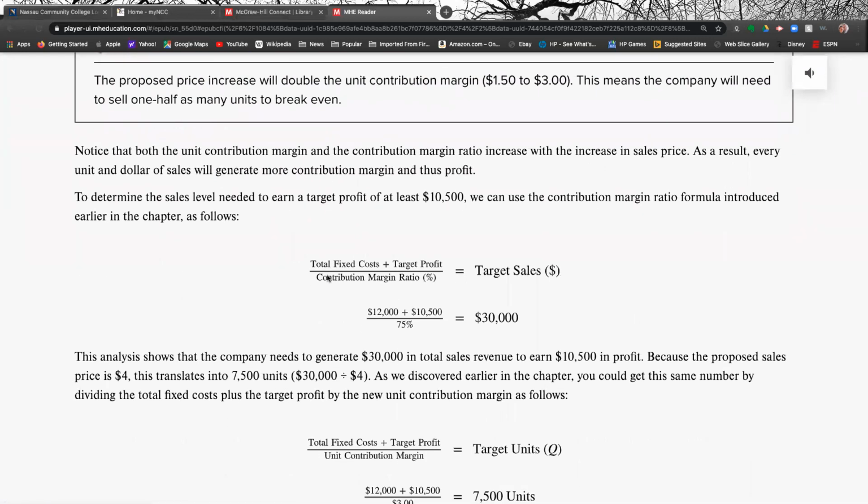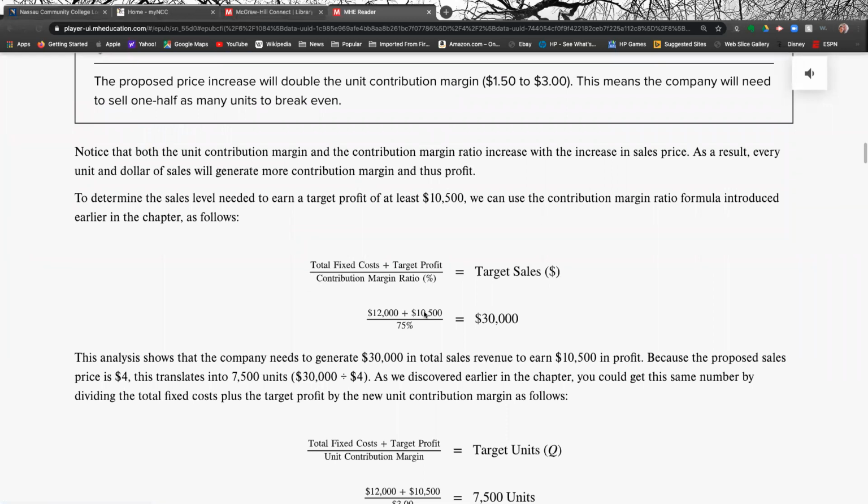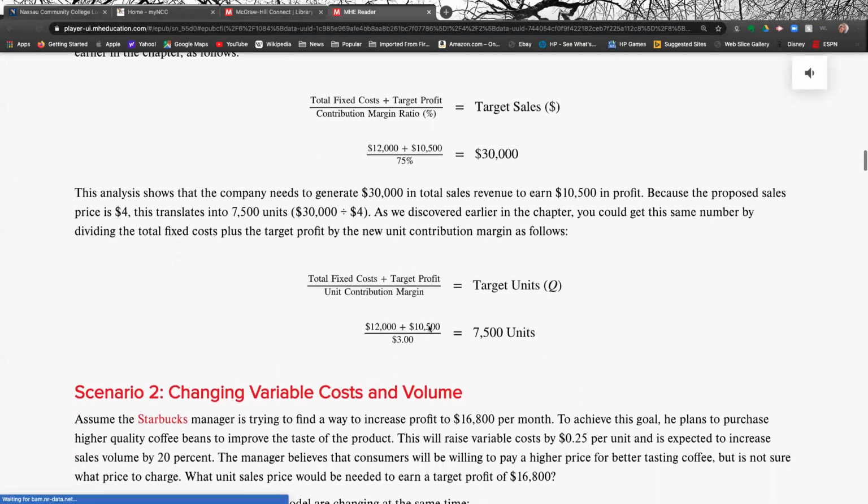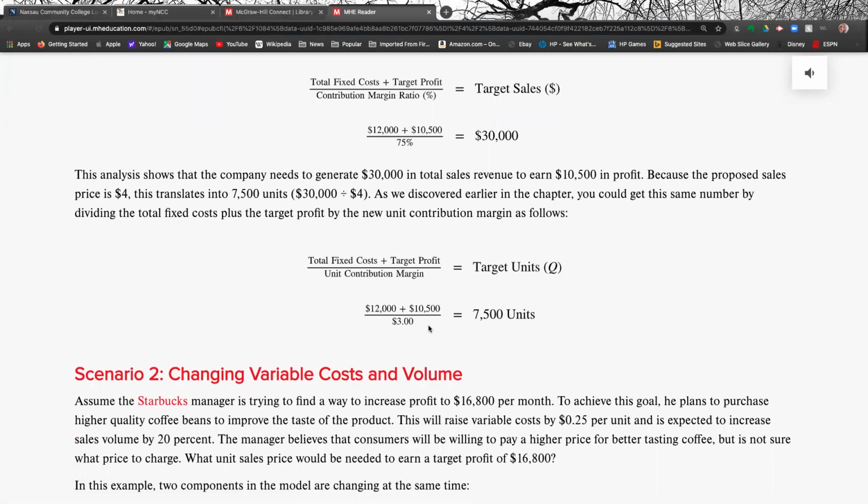So what would we need to hit a target profit of $10,500? $12,000 plus $10,500, which is $22,500, divided by 75% is $30,000. On a per unit basis, I take the $12,000 plus $10,500 divided by the $3 contribution margin. I have to sell 7,500 cups of coffee.